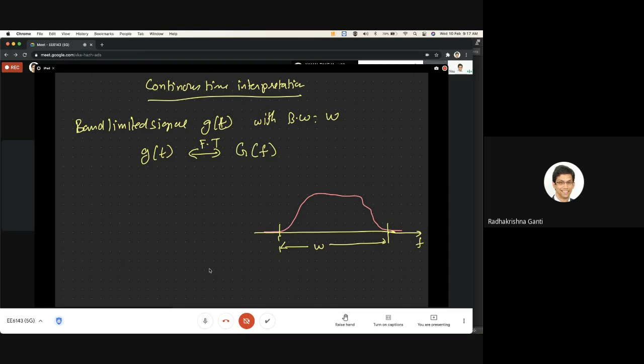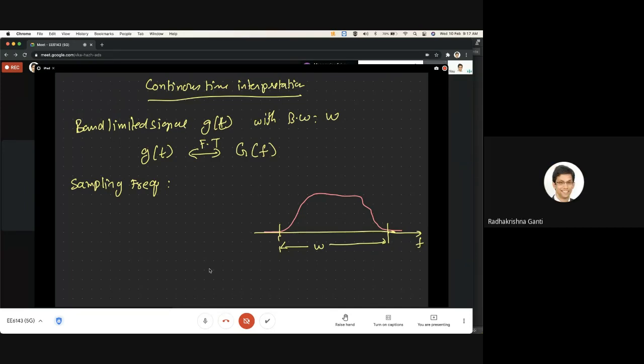What should be my sampling frequency to convert into the discrete domain, given that the bandwidth is W? 2W? Yes, sir. Here we are not using half the bandwidth.